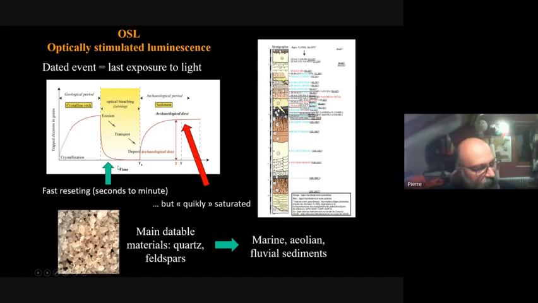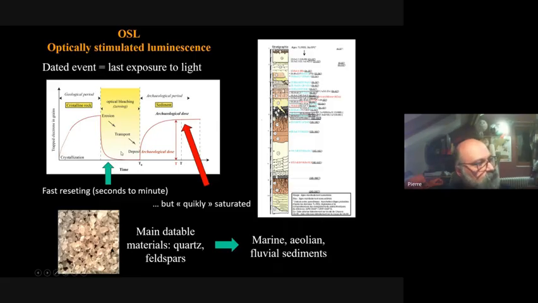And what is interesting here is that we don't date the last heating of something, but the last light exposure. Why? Because the traps used for this method are very sensitive to solar light. Solar light allows the release of all the trapped electrons.